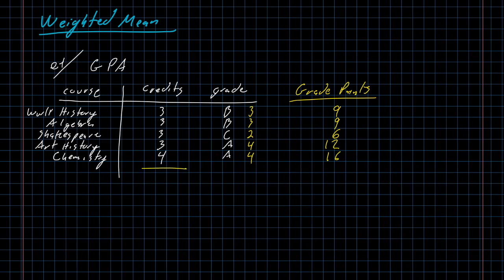If you add up the credits, 3 plus 3 plus 3 plus 3 plus 4 is 16 total credits. If you add up the grade points, 9 and 9 is 18, 18 and 6 is 24, 24 and 12 is 36, and then 36 and 16 is 52.